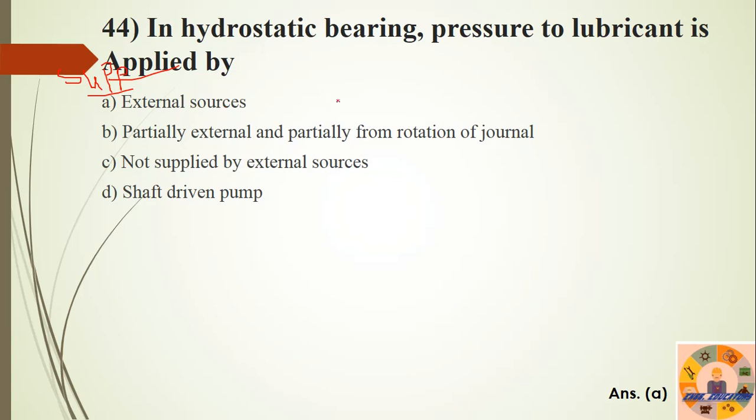So the right option for this question will be option A, external sources, because sliding contact bearing in which lubrication is used to minimize the friction, and the sliding contact bearing are two types, we know: thick film lubrication and thin film lubrication.